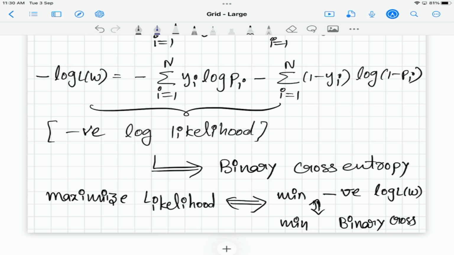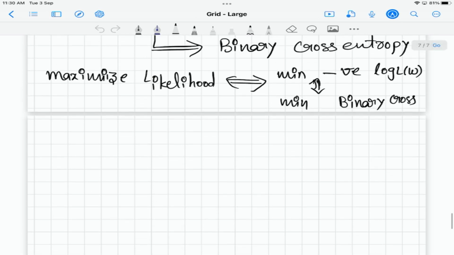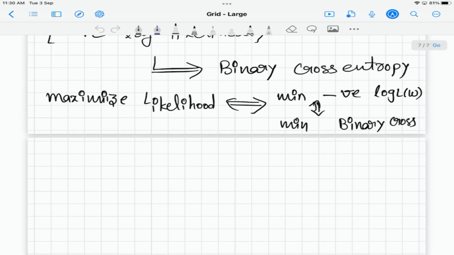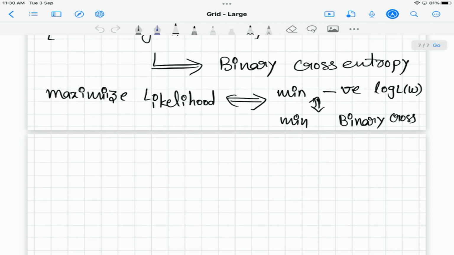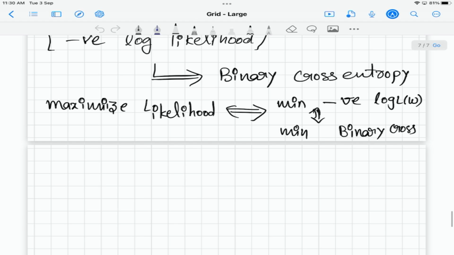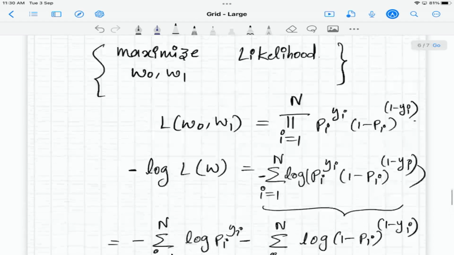So logistic regression is nothing but a simple binary classifier, and you formulated your training process as maximization of your likelihood.